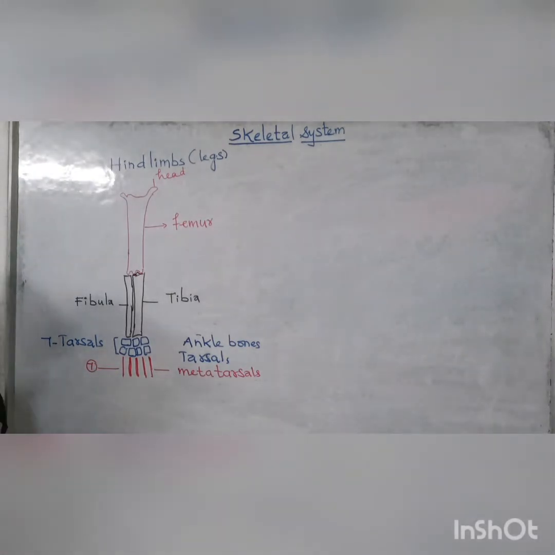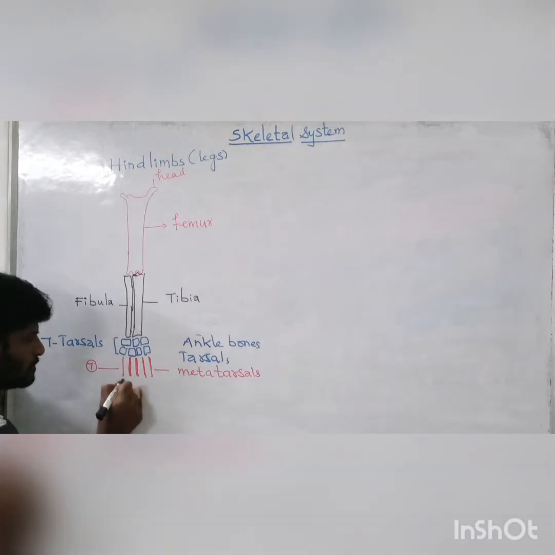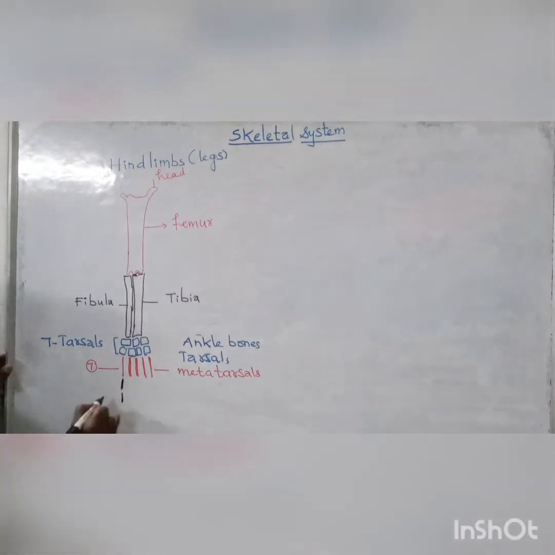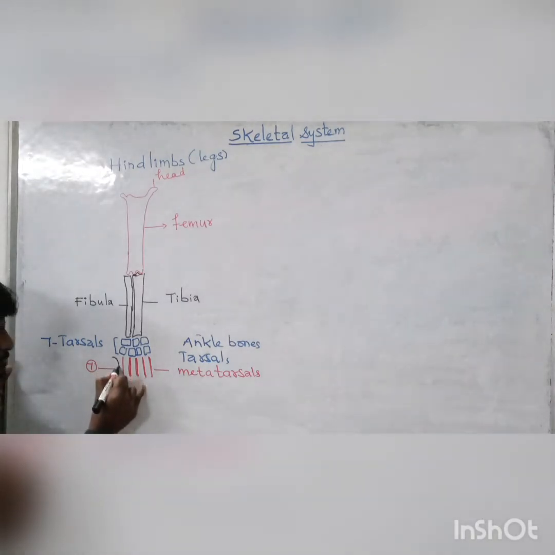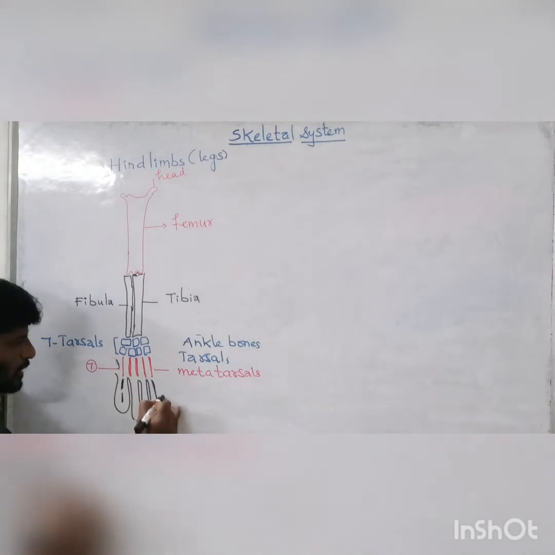And the distal bones. The bones which are present in the fingers are called distal bones. There are 2 bones in the thumb. This is the thumb. The first finger, this is the second finger, 3, 4, and 5.